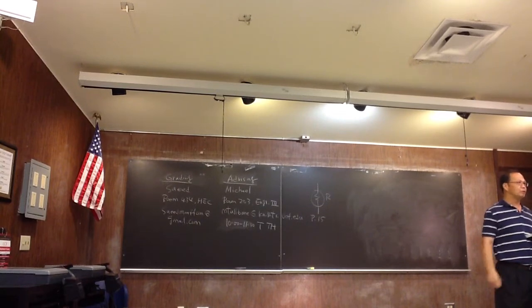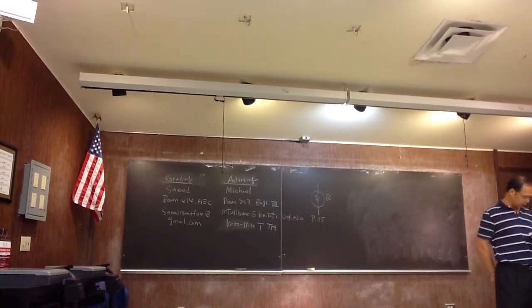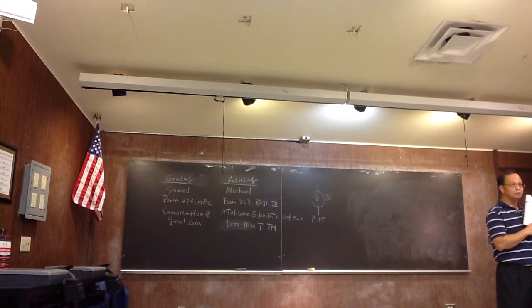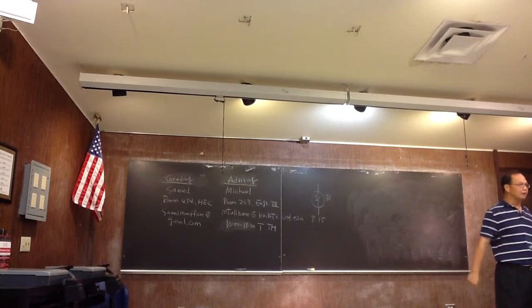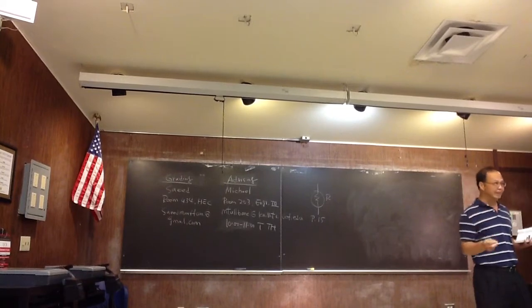Now, you may be wondering why we have different sizes for the different resistors. Does the smaller one have a smaller resistance, and the larger one a larger resistance? Not necessarily. The size of the resistors has nothing to do with the resistance.